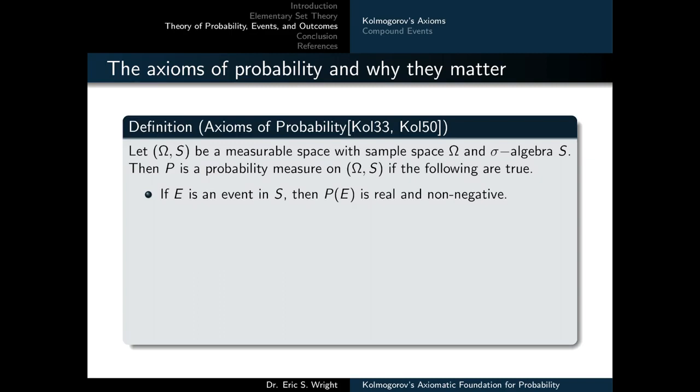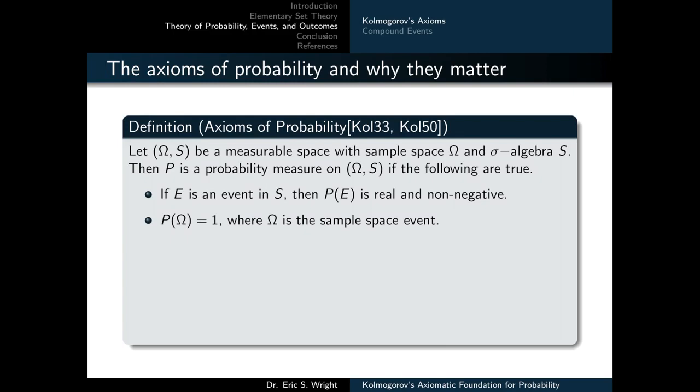If we take any event from the sigma algebra, then P assigns a real and non-negative value to that event. Next, we have to require that P assigns a value of exactly 1 to the sample space.